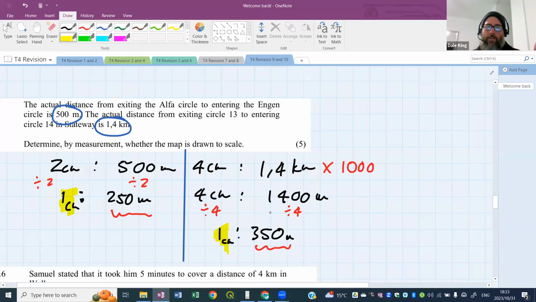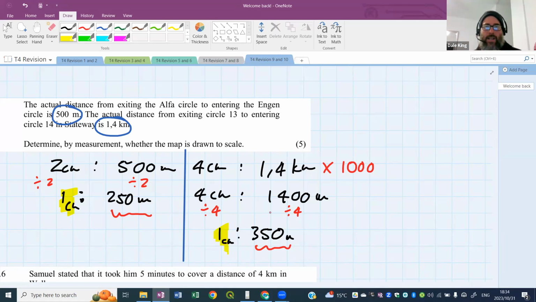Now, you've got to be careful with this kind of thing, because if you don't measure correctly, you will be off anyway, slightly. But in this case, I think the error is significant enough that we can say that something's not right with this map. Okay, so if you measure correctly, it should be the same.